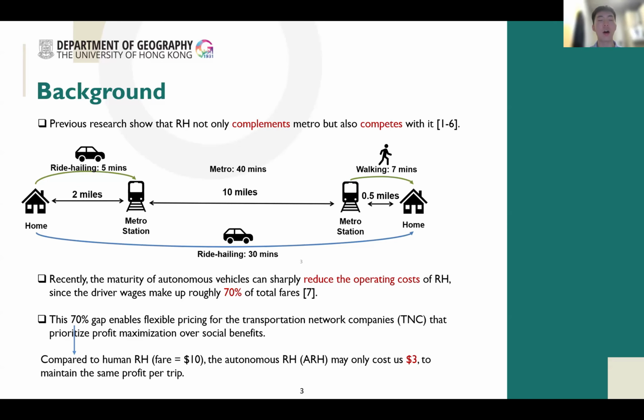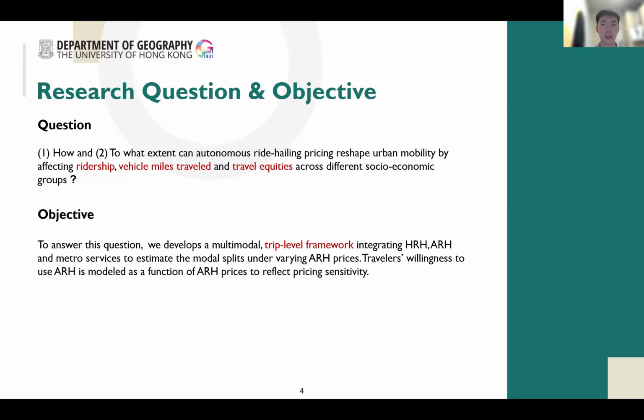So this comes to our research question: how and to what extent can this autonomous ride-hailing pricing, this flexible pricing, reshape urban mobility by affecting the ridership, the vehicle miles traveled, and the travel equity across different socioeconomic groups?